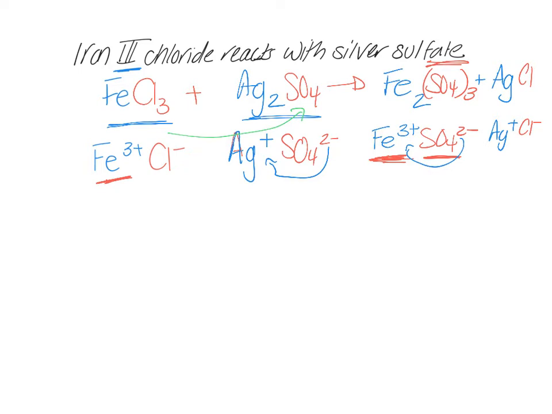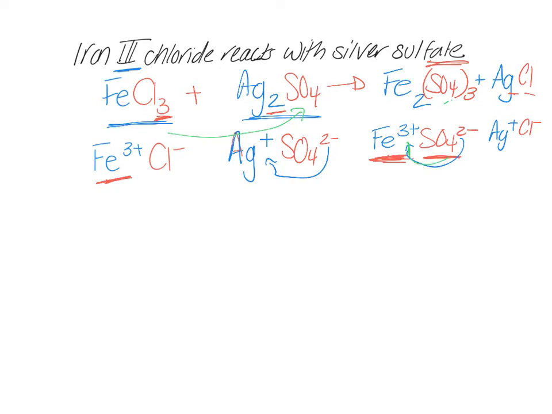So don't bring like the 2 over here to over here, for instance, and don't bring like the 3 from the chlorine over here, over here. The only way that those subscripts come into play is when you put the compound together.